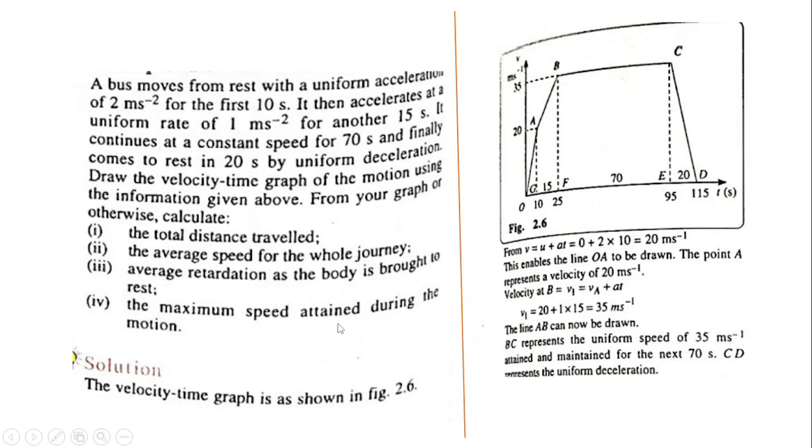Now we need to calculate the total distance traveled. As stated earlier, the total distance traveled under the velocity time graph is the area of the shape.